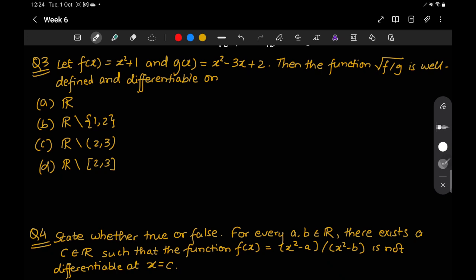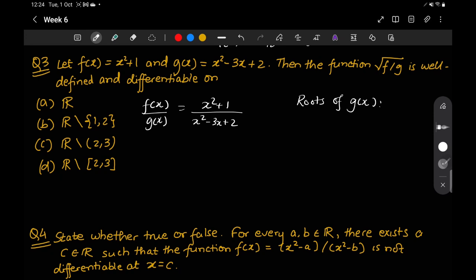Let us now discuss the solution. So we have f x and g x given to us. So f x over g x is x squared plus 1 over x squared minus 3x plus 2. Now let us look at the roots of the g x function.